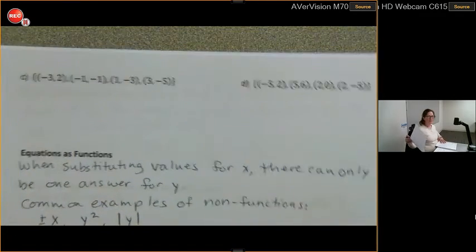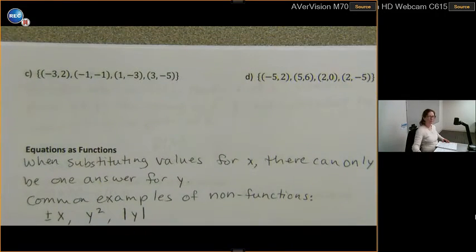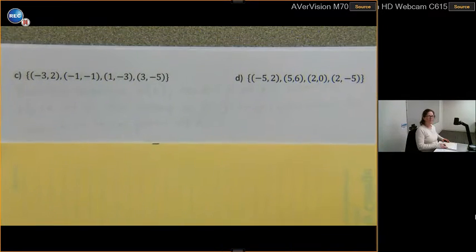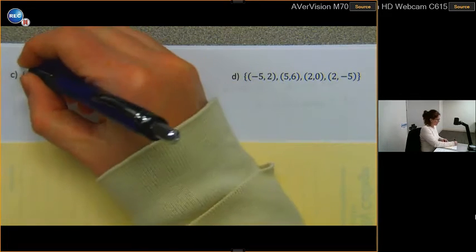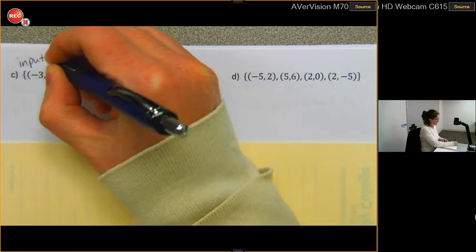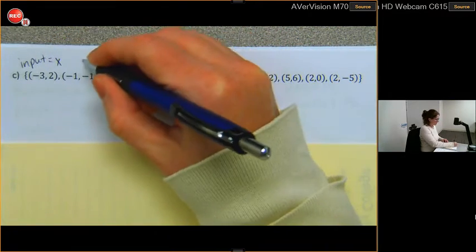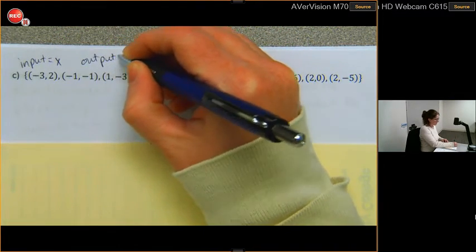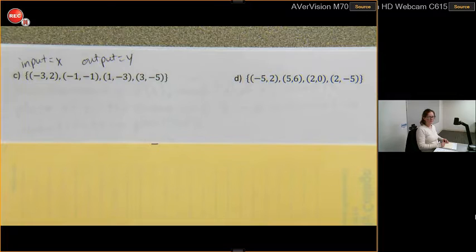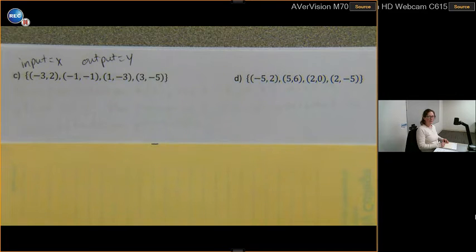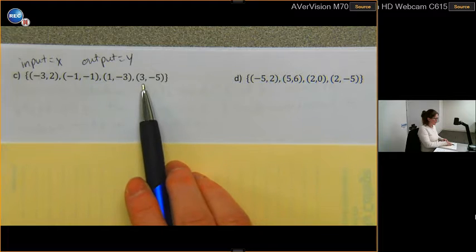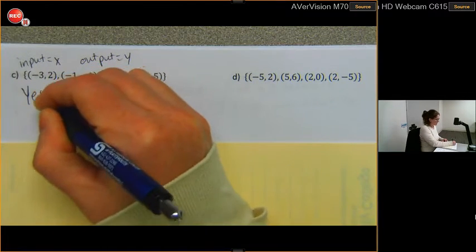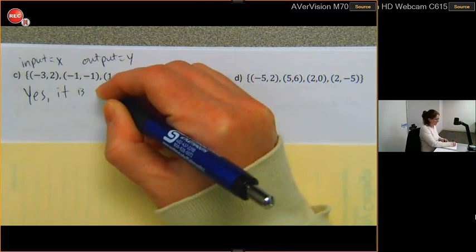Next, let's look at our input and output as ordered pairs. When we have ordered pairs, the input are the x coordinates and the output are the y coordinates. So to determine if a set of ordered pairs is a function, I look at my input values, each of the x's. There is nothing that repeats, so yes, it is a function.